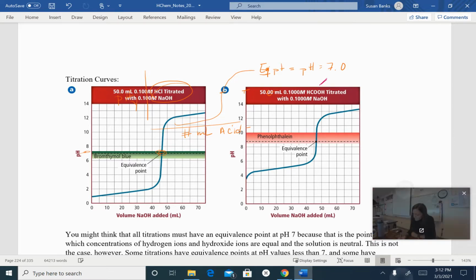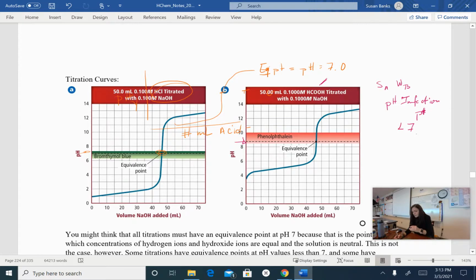So that means the inflection point will actually be at a basic pH because that base is stronger than the acid. If I have a strong acid with a weak base, my inflection point will be less than 7. Okay, because that acid will overcome the base.